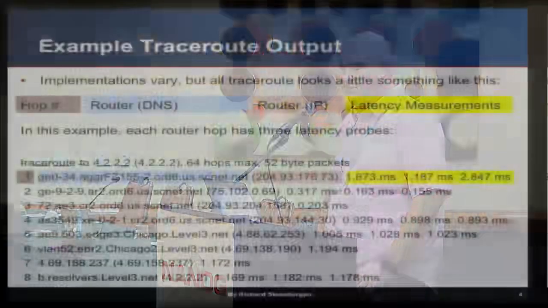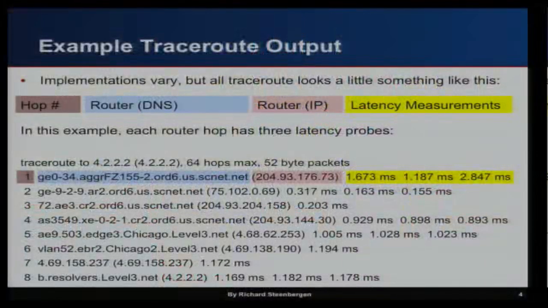So here's Traceroute at its most basic. All the implementations vary a little bit, but it mostly looks something like this. You have a bunch of lines of output, and on each line you're going to get the hop number. You're going to get the hop DNS, in theory what should be a router along the way.